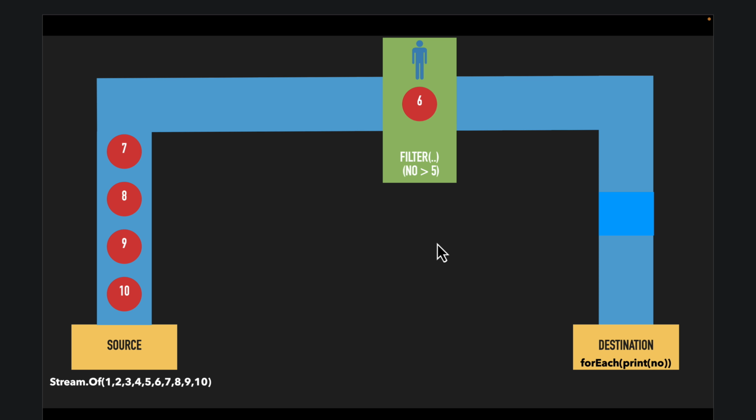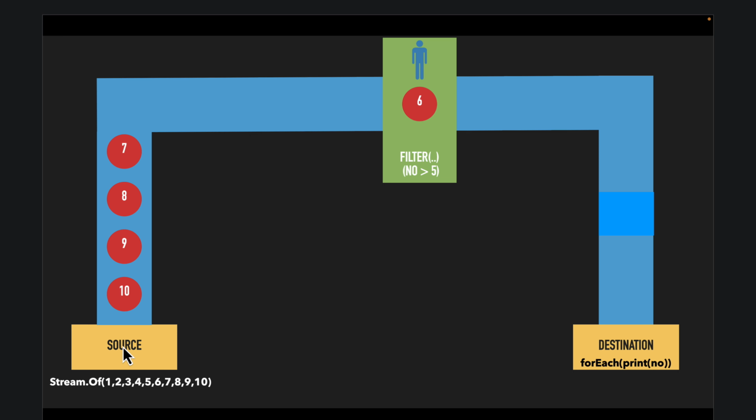Why is that? Because here we can see one data pipe which is set up by our source, which is the stream of method. For example, the source can be anything. Let's say we created this source with stream of, or from an array, or we're using any collection to create this source.